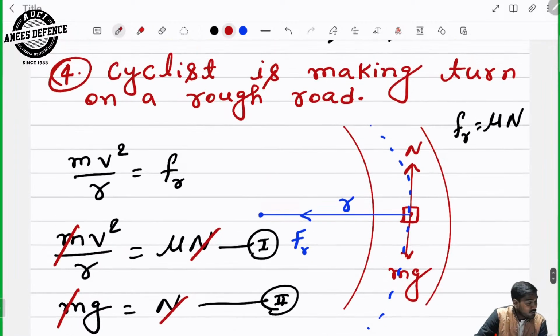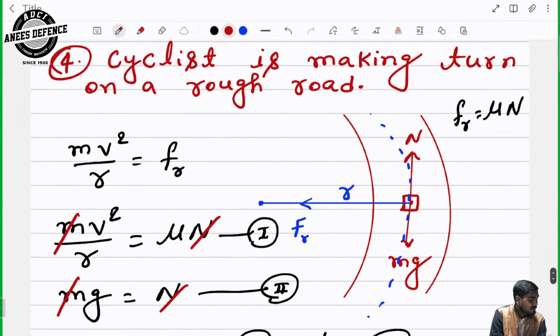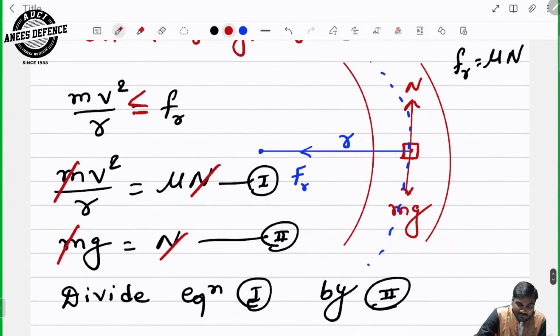So you can say for safety point of view, friction force should be greater or equal to centripetal force. Yes or no? Yes.